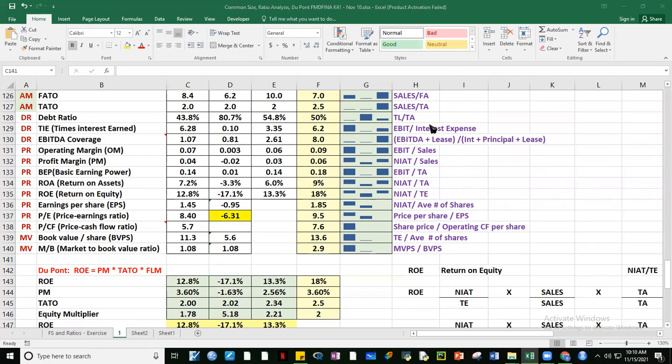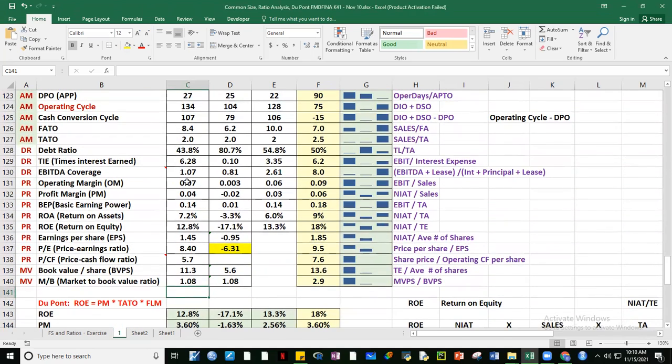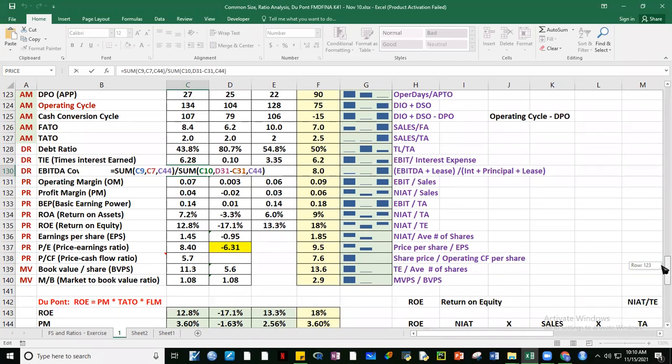Clarification: can you repeat the formula for EBITDA coverage? Okay, sige. EBITDA coverage. So the formula is EBITDA plus the lease. Ano yung EBITDA natin? So that's earnings before interest, taxes, depreciation, and amortization.